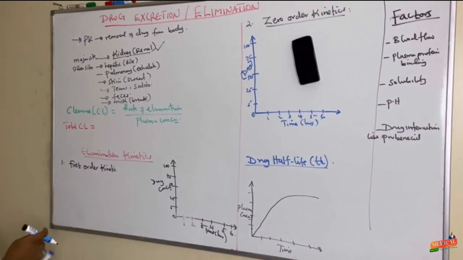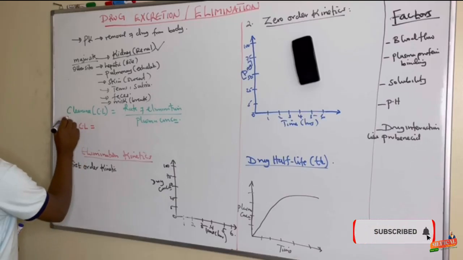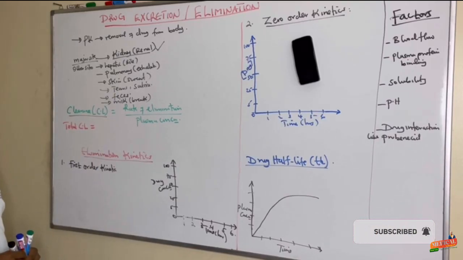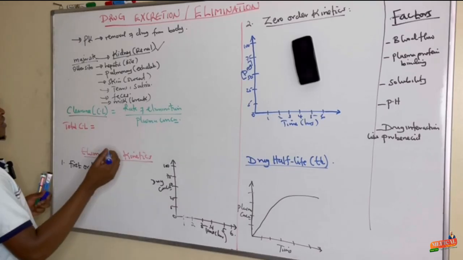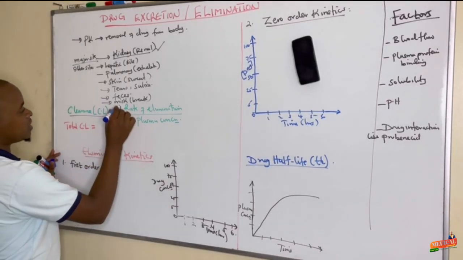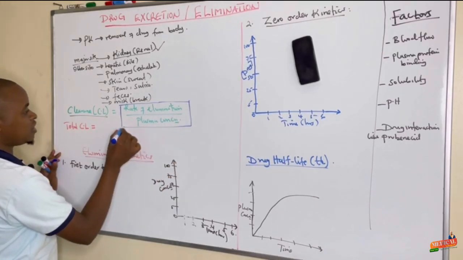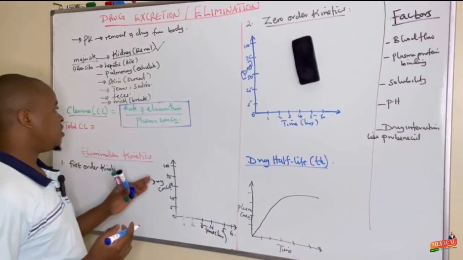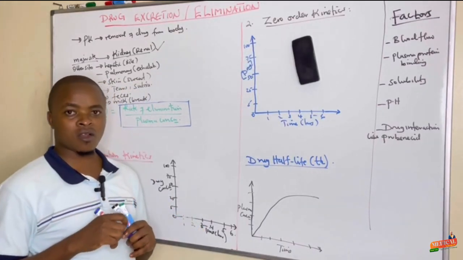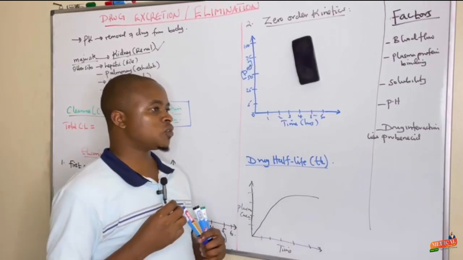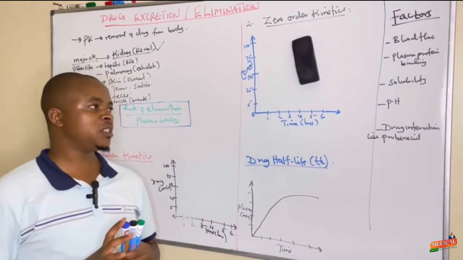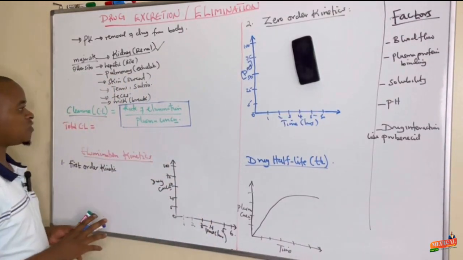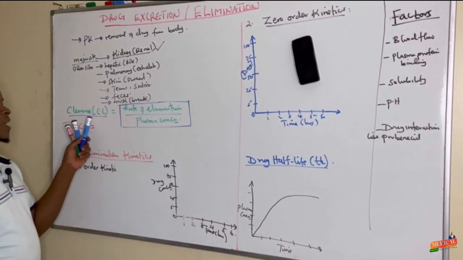After looking at the major sites of drug elimination, we want to look at what we call drug clearance. And what is drug clearance? This is calculated by getting the rate of elimination, the rate at which these drugs are eliminated, and dividing by the plasma concentration. So when you get the rate of drug elimination and divide by plasma concentration, you get what we call clearance.